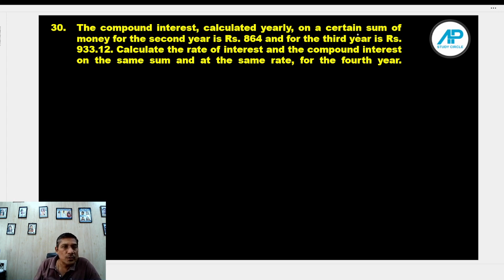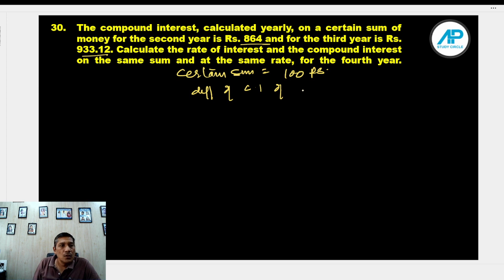So let us solve this question. Certain sum of money, for the second year is 864. I have got the compound interest for 2 consecutive years. Difference of compound interest of third year minus second year.